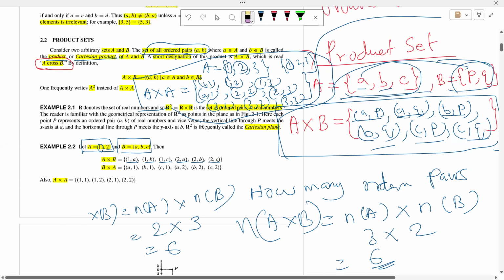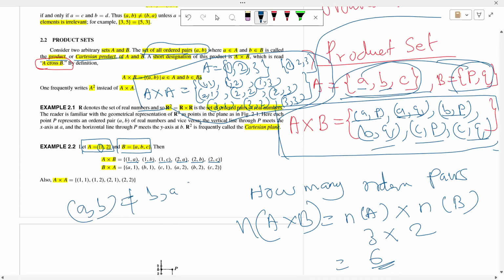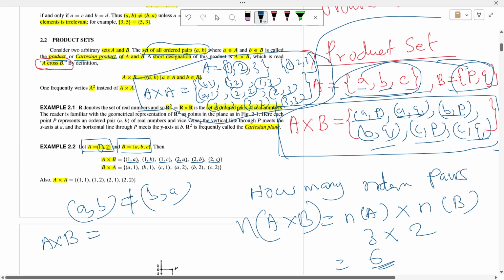I already told you that in relations, A comma B is totally different from B comma A. So the product A cross B is not equal to B cross A. Did you understand? Why? That is A cross B. Now if I consider B cross A, first I take the first element from B, so A comma 1, B comma 1, then C comma 1.